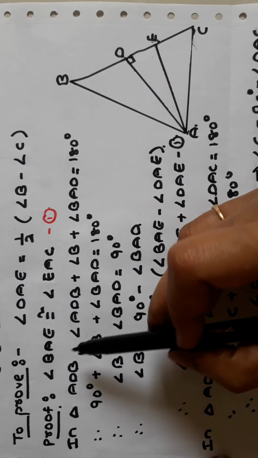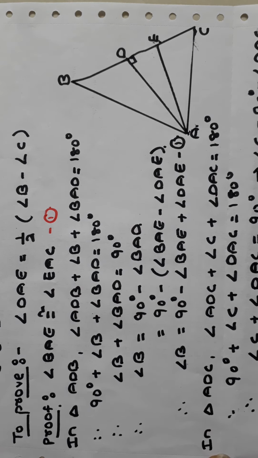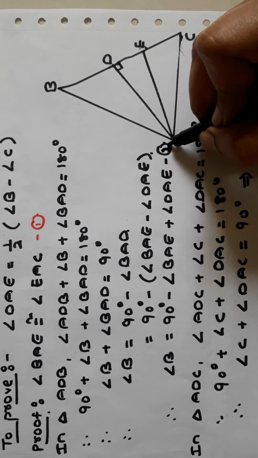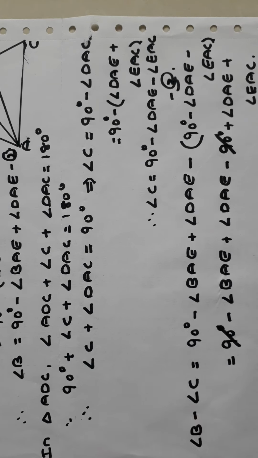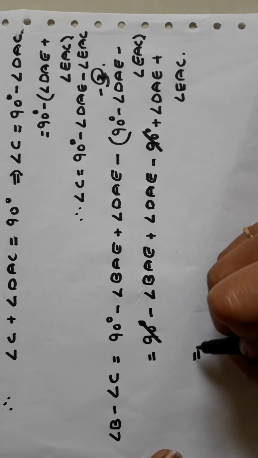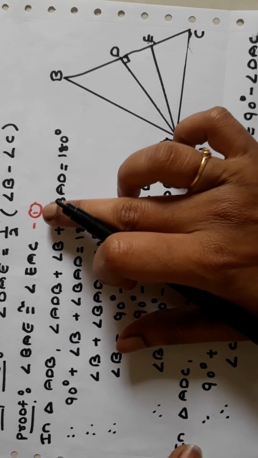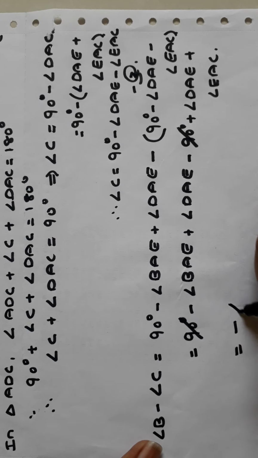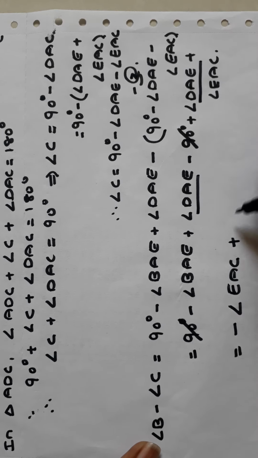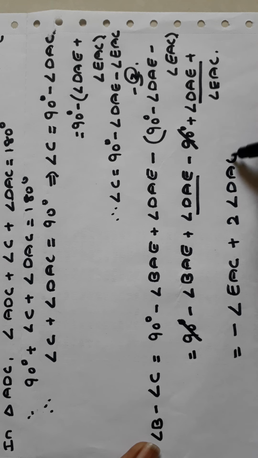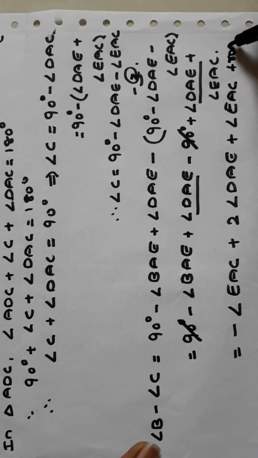Now from first, BAE is same as EAC. This is from 1. Sorry, put this as second and this as third, because I have already taken 1. So in place of BAE, I can write EAC minus angle EAC plus DAE is 2 times angle DAE plus angle EAC.